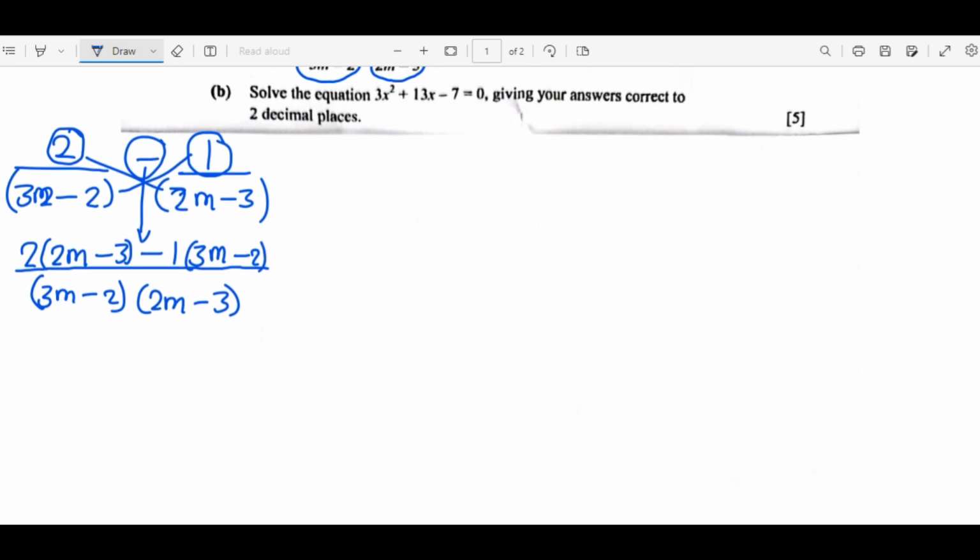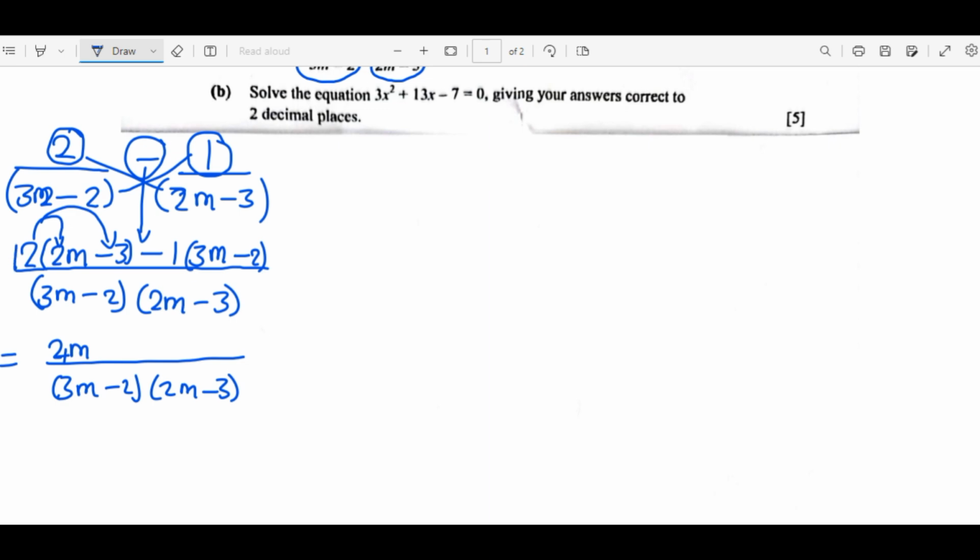Right, so we just have to expand the upper part. With the denominator part, we are done. We need to simplify it, first to expand, then we are going to simplify later. So this 2 times 2m should be 4m. Then the same 2 will multiply with negative 3.